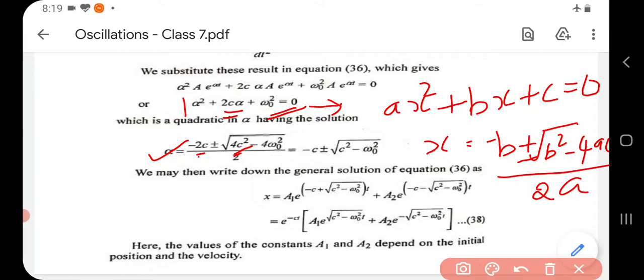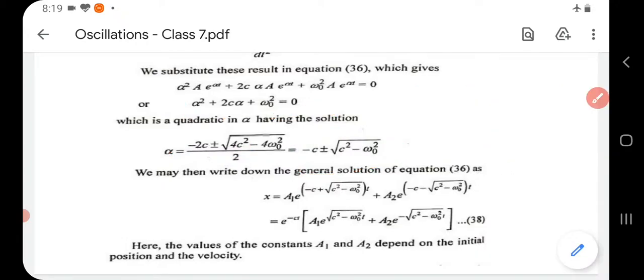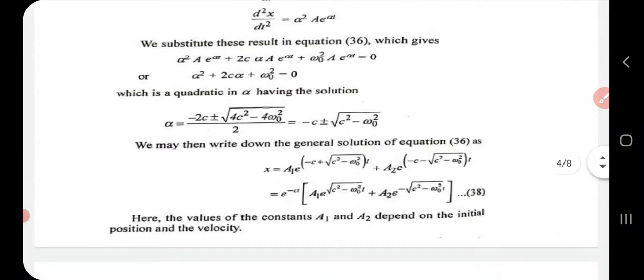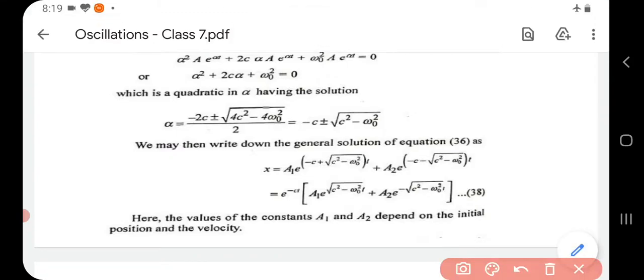Okay, like that. Now on simplifying, you will get alpha as minus c plus or minus root of c square minus omega 0 square. So we can write the general solution of equation 36 as x equal to a1 e raised to minus c plus root of c square minus omega 0 square t. That is, first you take the plus sign.